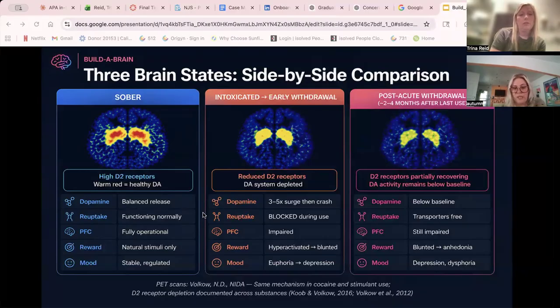This ongoing dysregulation contributes to, as we've discussed, some of these observable behaviors, like facial expressions, depression, anhedonia, and the increased relapse risk. You can see the change in activity in the brain scan images where we have higher activity in the sober brain, and then you can see that slowly diminishes over these different states.